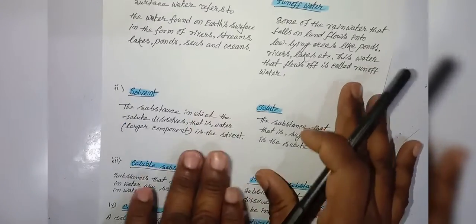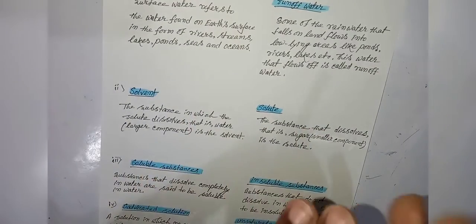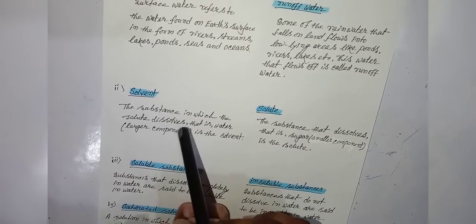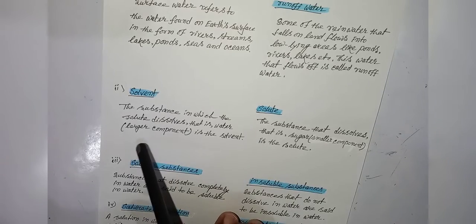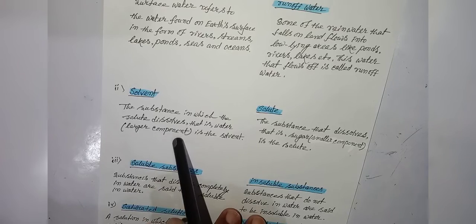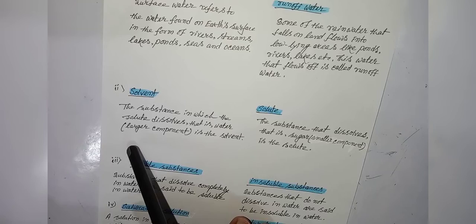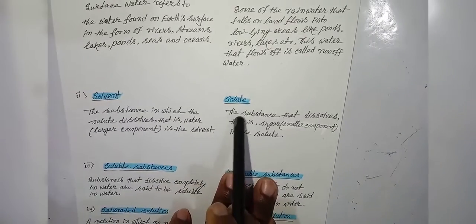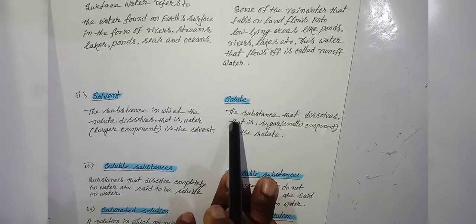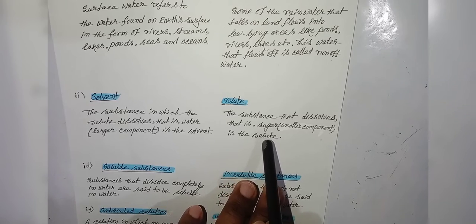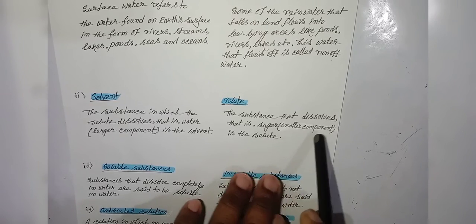Okay. Solvent and solute. That is the next difference. The substance in which the solute dissolves, that is water, the larger component, the bigger part, is the solvent. Next, the solute is the substance that dissolves, that is sugar, the smaller component.